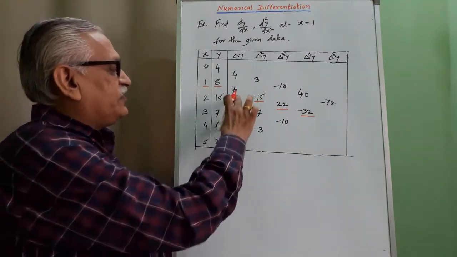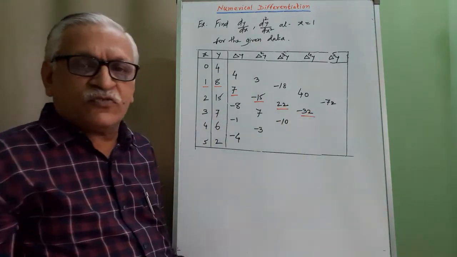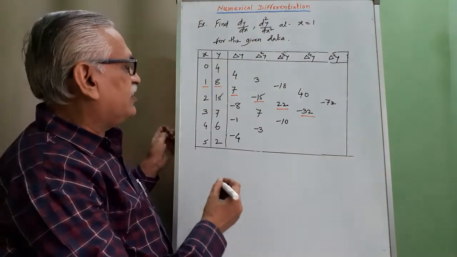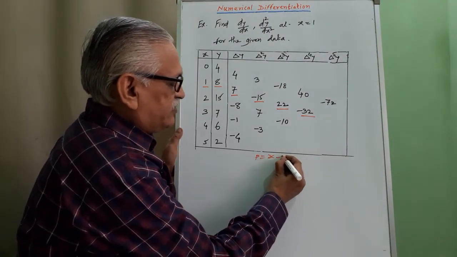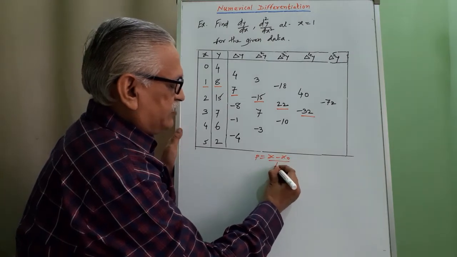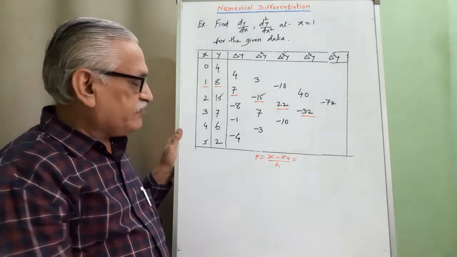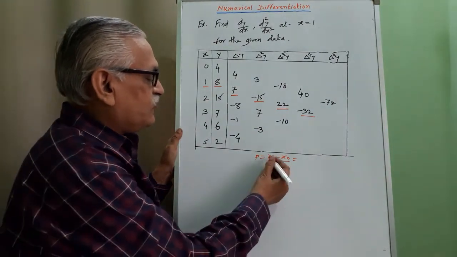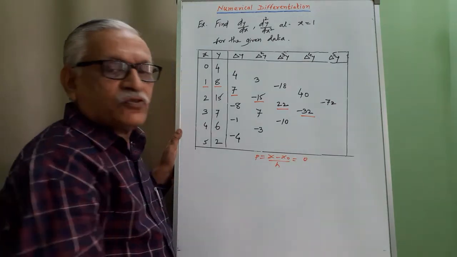These are the values of del y0, del square y0, del cube y0 and del raised to 4 y0. Here p is (x minus x0) by h. We consider this one as x, therefore 1 minus 1 we get the value of p as 0.